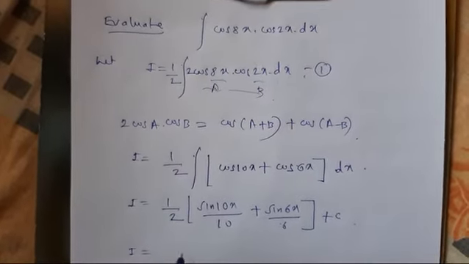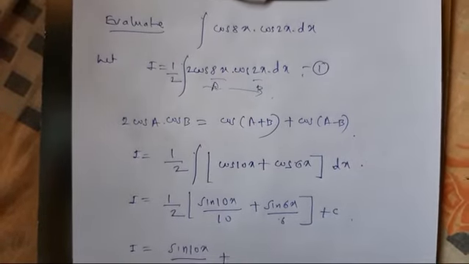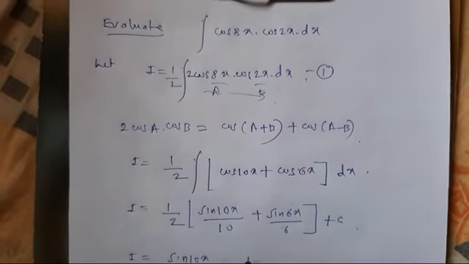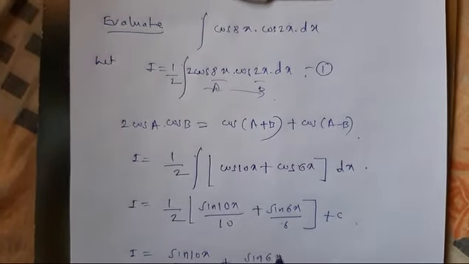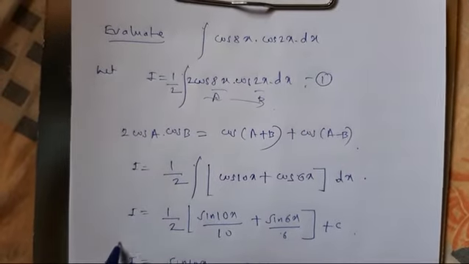So therefore I is equal to sin 10x upon 20 plus sin 6x upon 12, plus c.